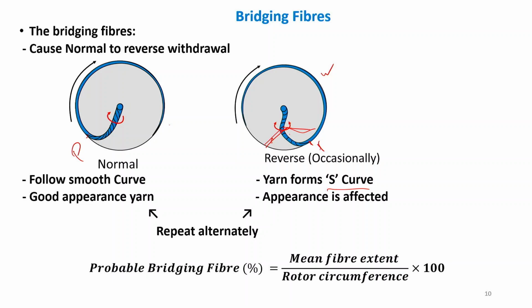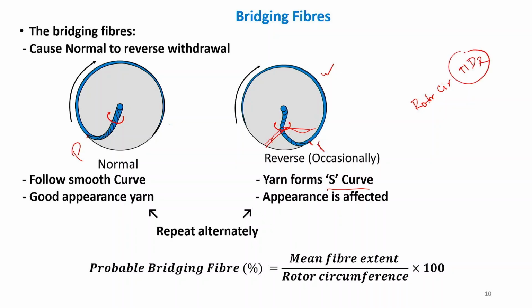Now, the probability of bridging fiber is the mean fiber extent divided by the circumference of the rotor. Suppose the fiber length is equal to the rotor circumference, pi d rotor.